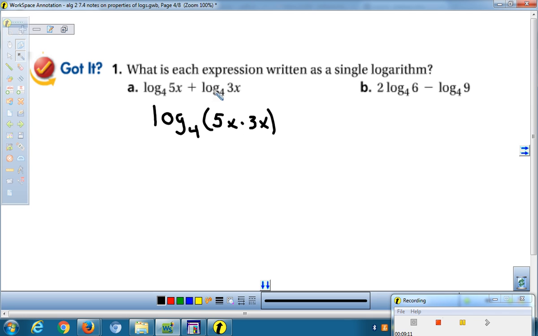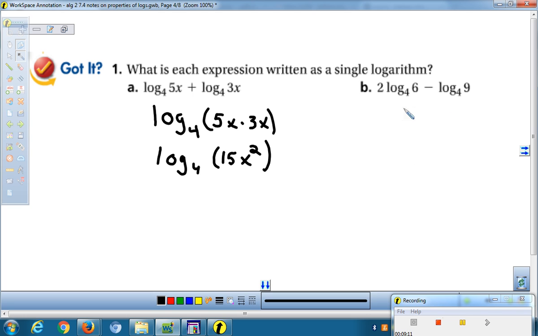Addition gets condensed and is replaced with multiplication. So we get log base 4 of, go ahead and multiply that out, 15x squared. That's about as far as we can go with that. Log base 4 of 15x squared.